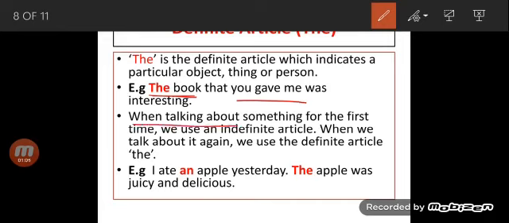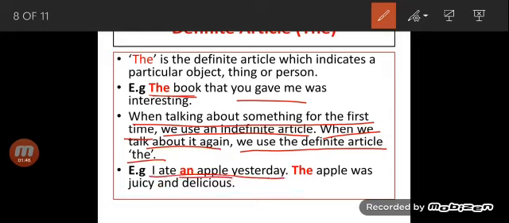Next, when talking about something for the first time, we use an indefinite article, a or an. When we talk about it again, we use the definite article the. For example, I ate an apple yesterday.